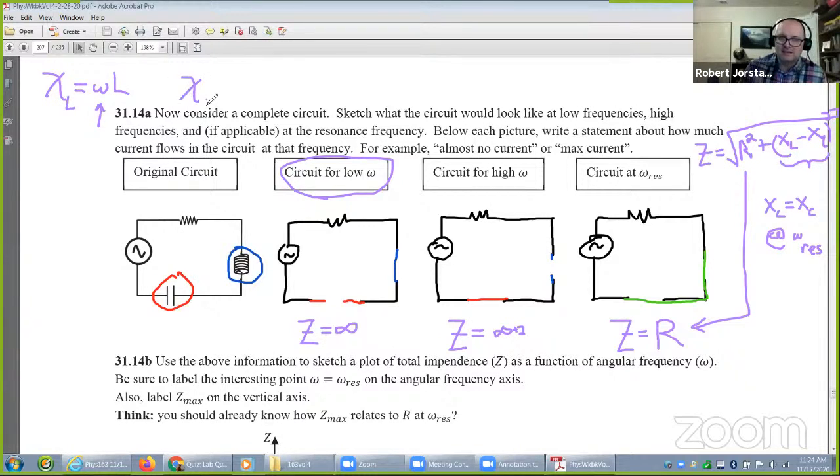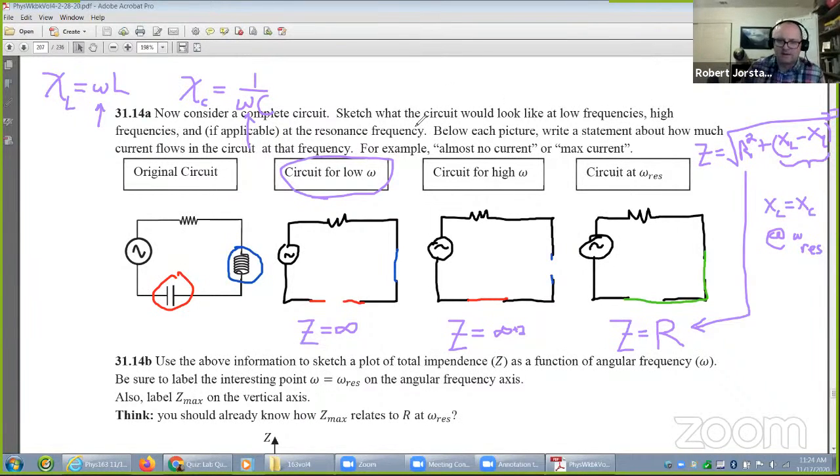XC is the ohms related to the capacitor, and that's 1 over omega C. So if you're at a low omega, a small omega gives you a large amount of ohms associated with XC. If you're at a low omega, you have a small amount of ohms with X sub L. Is that helping? Yeah, perfect. Thank you. And now remember that these things are called reactances, not resistances, and Z is called impedance.